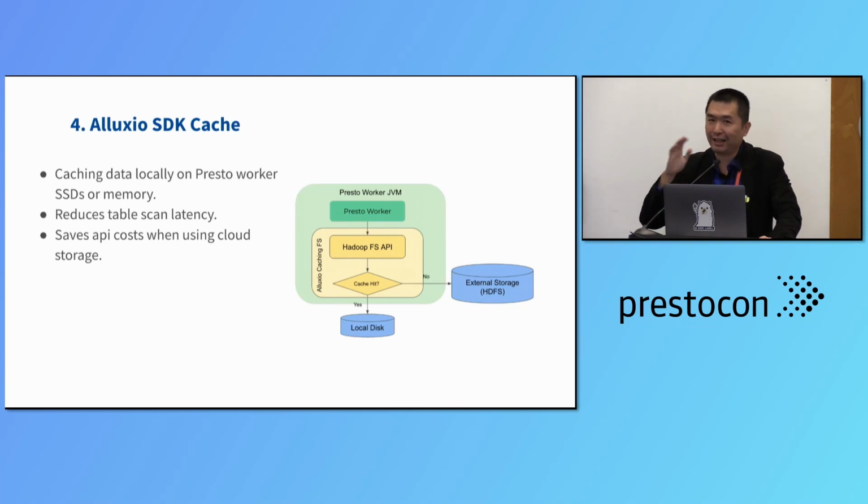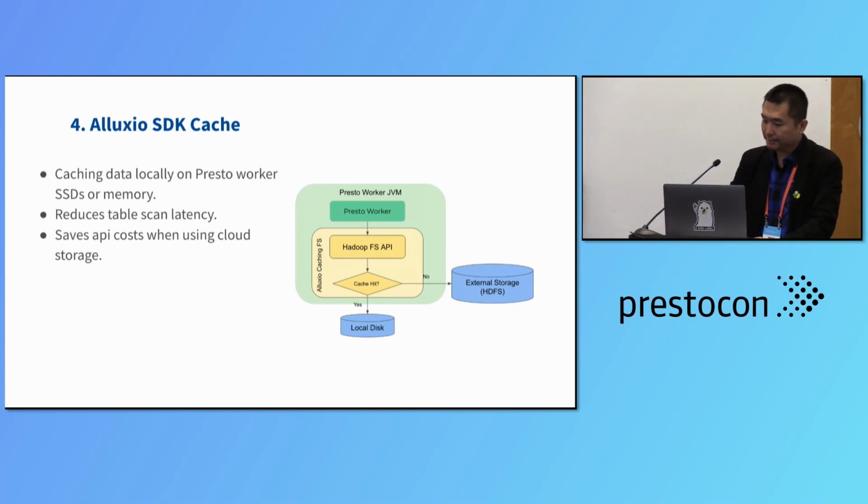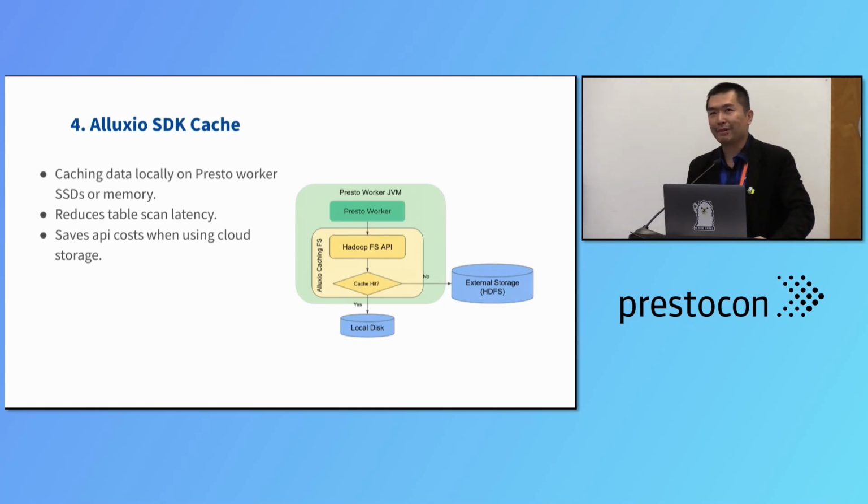So the total cache capacity is less than 1% actually. Also, if we're talking about the servers running Presto, mostly they won't spill the data, the pages, to disk. So the disk is just spare there. No one's using it. So with this technology, you can reuse your spare hardware resources.